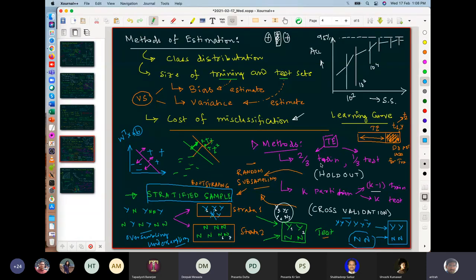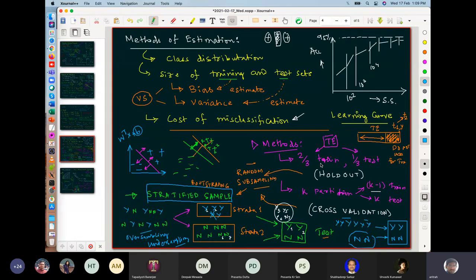In one kind of such partitioning, you can put the first 6 data in training and the last 3 data in test. In some other randomization, you can put in the first place 1, 2, 3, then 6, 7, 9, and for the test, you can put 4, 5, and 8. So that means my partition sizes are 2: one size is 2/3 of the elements, one size is 1/3.